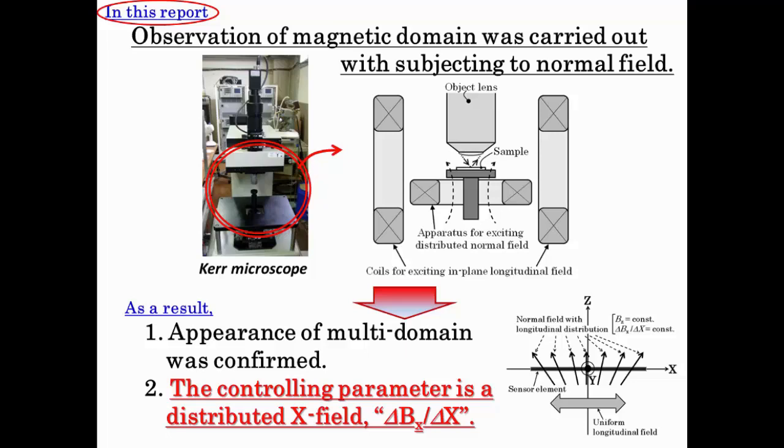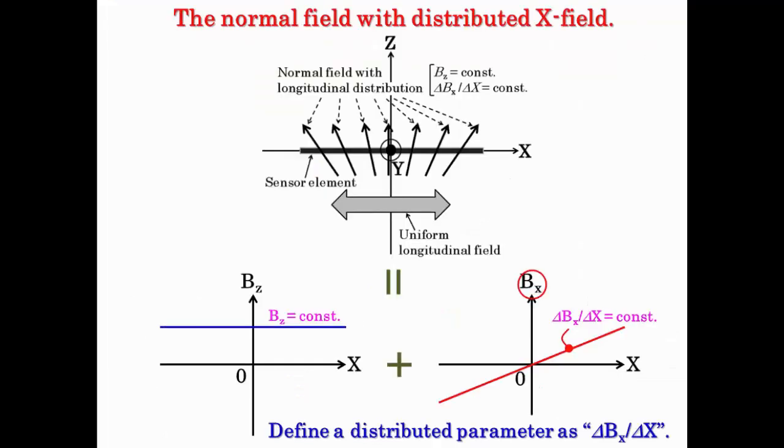As a result of the study, two results were obtained. One is that the appearance of multi-domain by applying the normal field is confirmed. And second, an important result: the controlling parameter is the distributed X field parameter, dBx/dx.